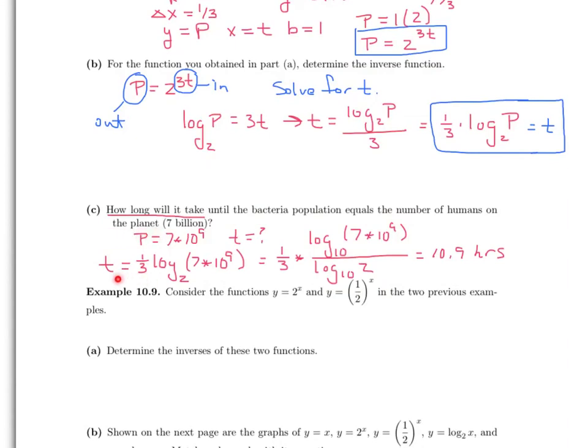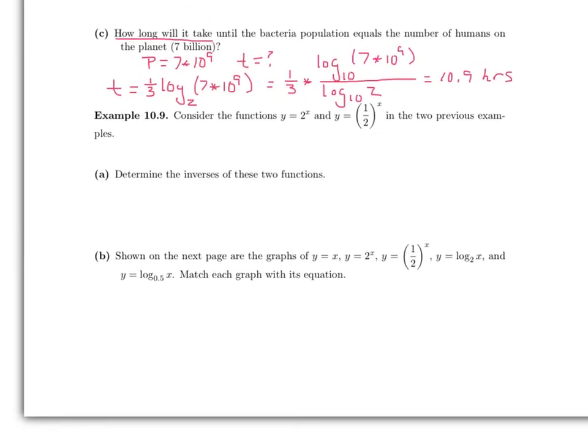Now let's go ahead and look at example 10.9. Consider the functions y equals 2 to the x and y equals 1/2 to the x from some previous examples. Part A, let's determine the inverses of these two functions.